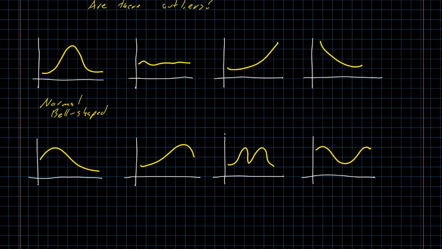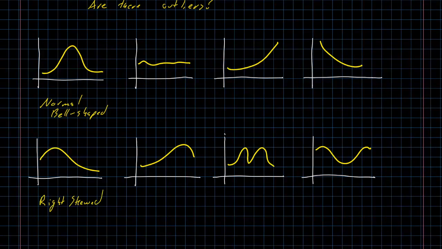The second most common distribution that we're going to encounter in this course is this one over here, which is known as a right-skewed distribution.